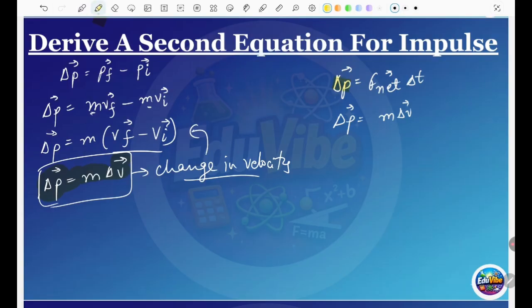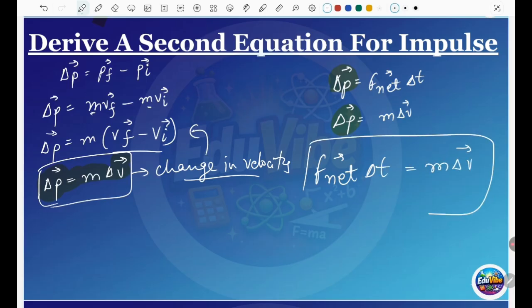Since they are both equal to delta p, the change in momentum, they are equal to each other: net force times delta t is equal to mass times delta v. This formula is on your data sheet, and we know that both are equal to delta p.